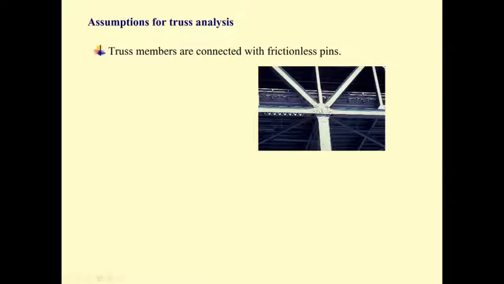As you may see from the construction of the truss, all the members lie in a position such that the lines of centroid will cut at a point. Even though this kind of connection is not fully a frictionless pin, the behavior can be proved later that it is really assumed as a pin.